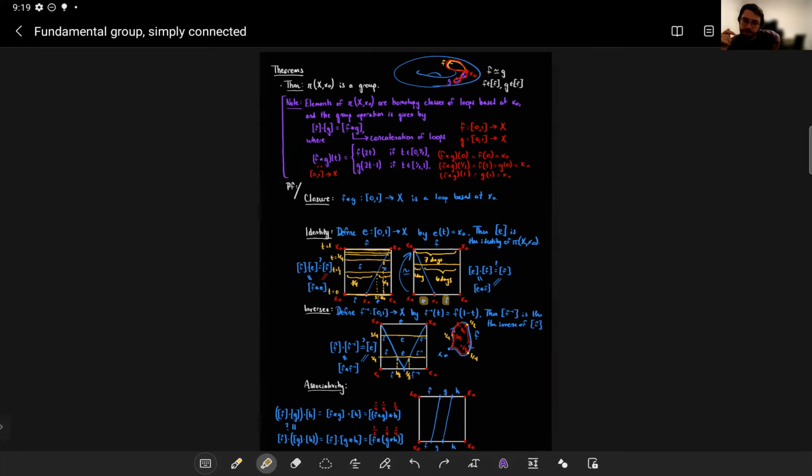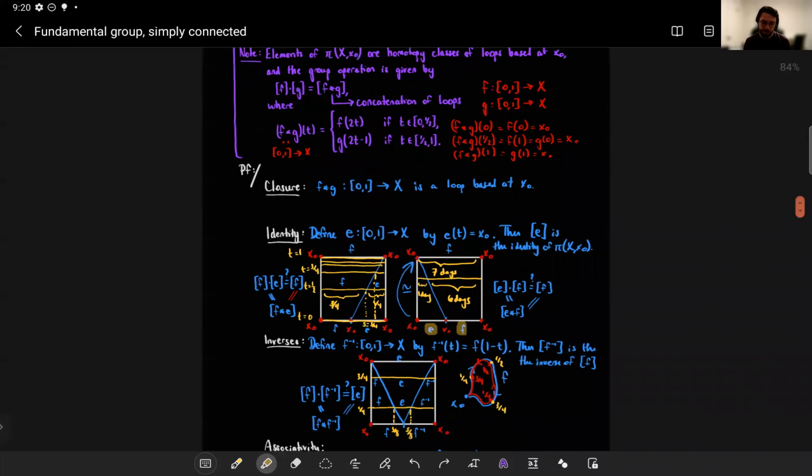We have inverses, in that you can always traverse a path backwards. We have associativity in that, even if you started out going along these concatenated paths at different rates, you can adjust those rates in a nice continuous way. And that gives you associativity. And of course, it's closed.